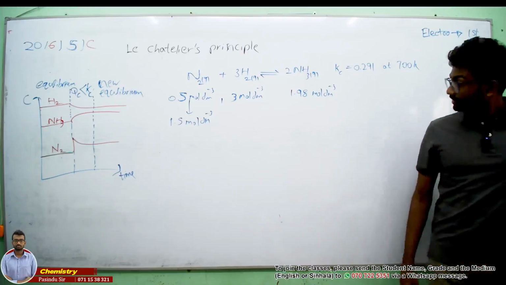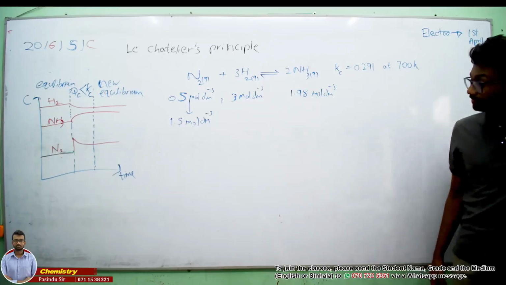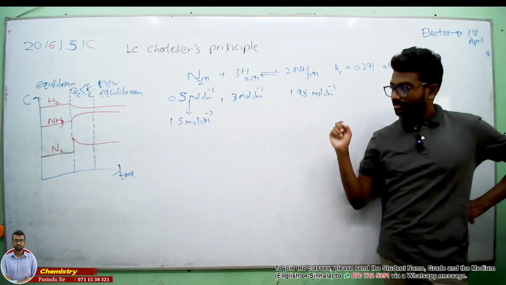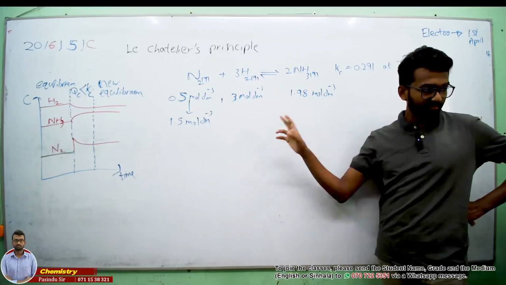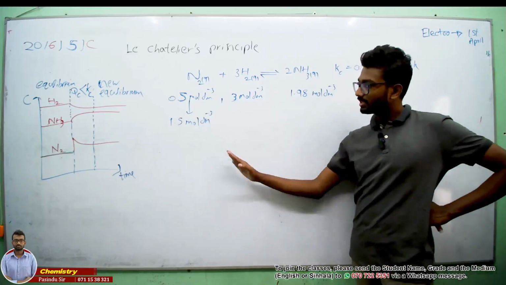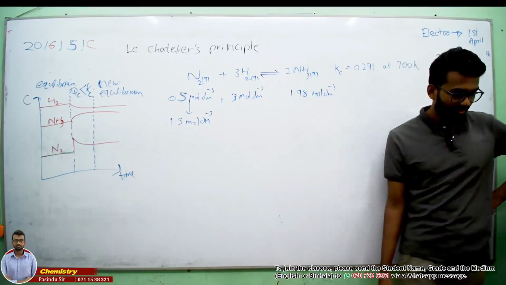Right, Kc is 0.29. It's already given. So find QC and compare the values. Compare the values and then explain why the reaction goes to that side. Okay.